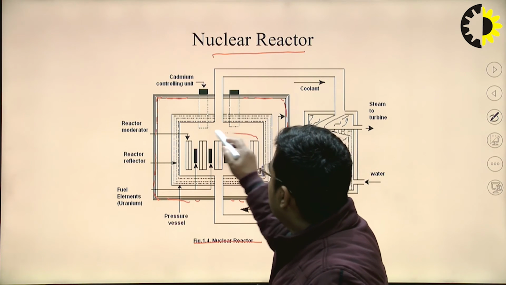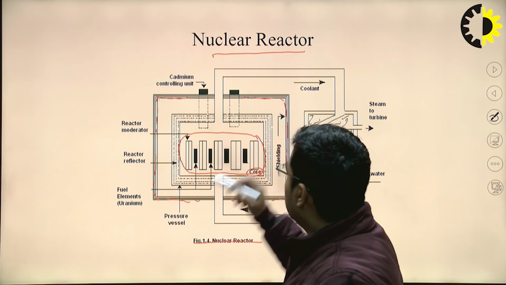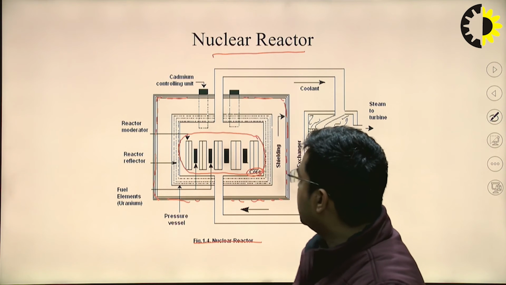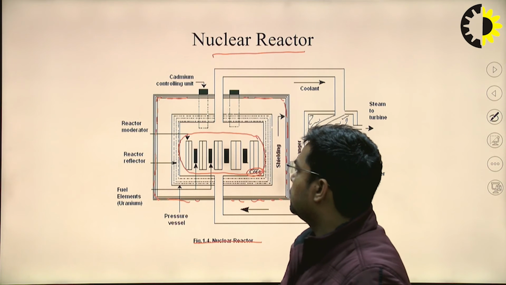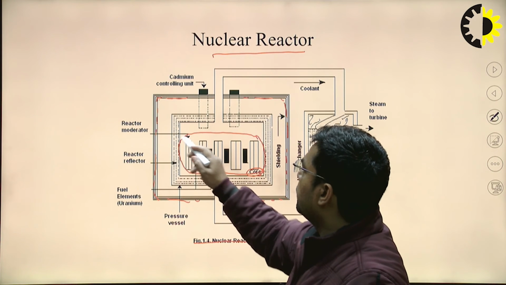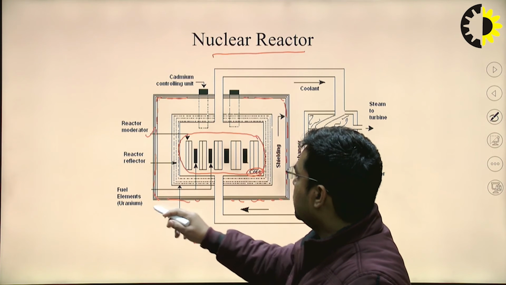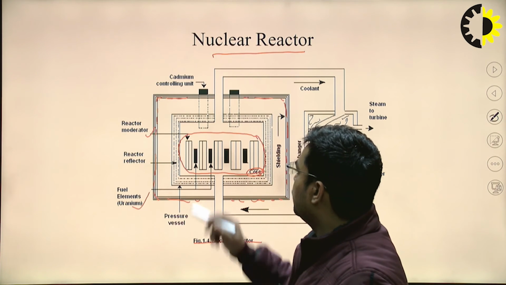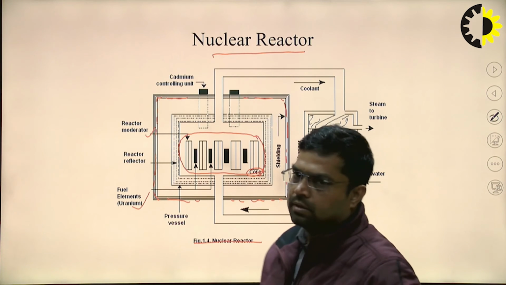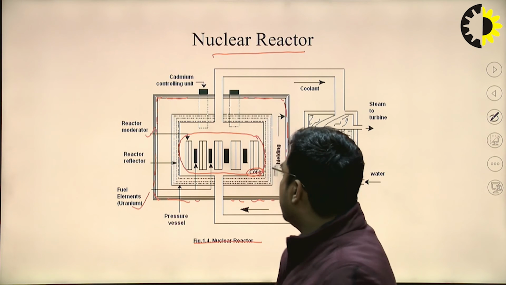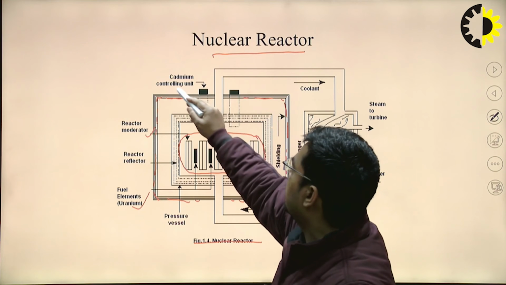This is the inside. This is called the core. This is the core where basically four important things are used: the moderator, the fuel, the coolant, and the control rod.